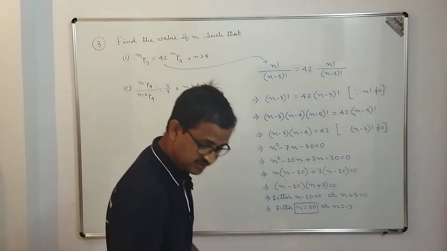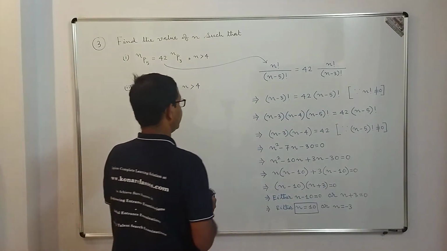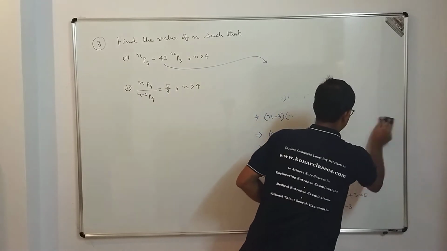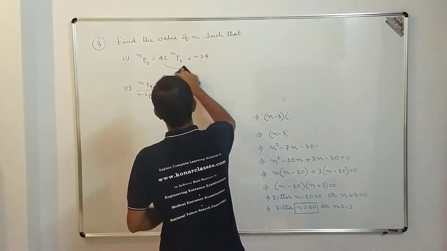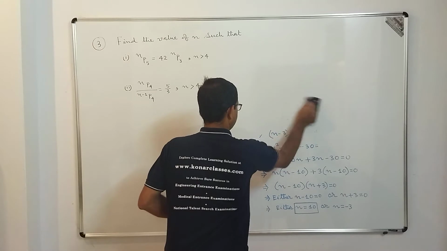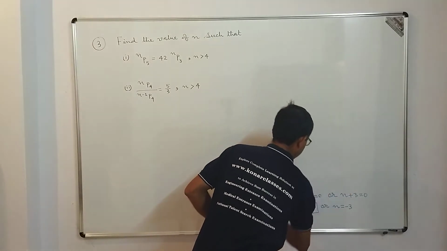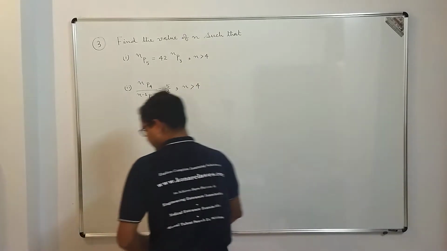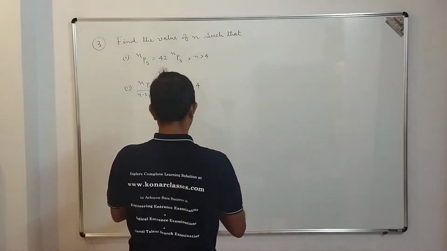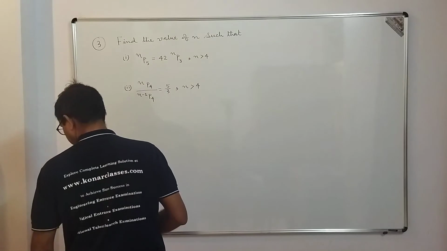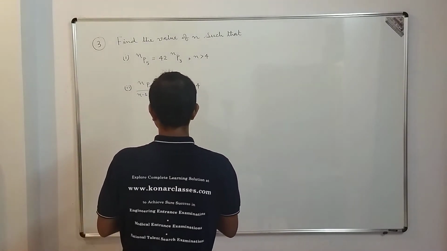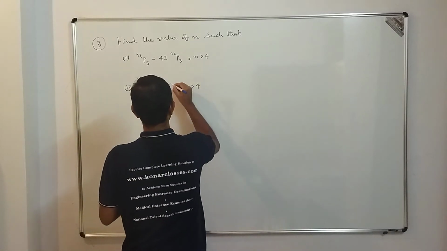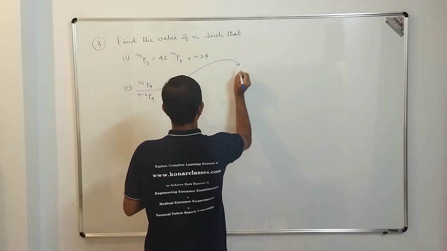For the second part, let me rub it off and go for the second part. Now the next part, what we are going to do is that nP4 by n minus 1 P4 is equal to 5 by 3. So this problem we are going to solve now.